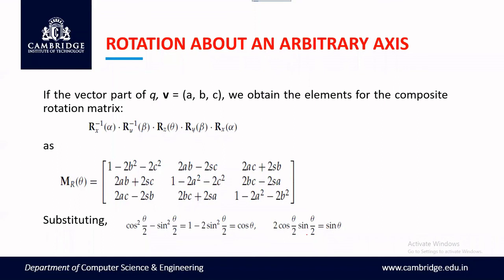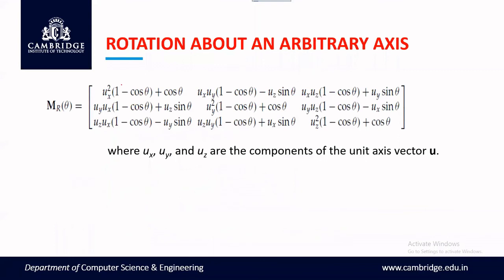Suppose I substitute all this into this equation, then I will get my MR theta with entries like ux square into 1 minus cos theta. What is ux? It is the x component of the unit vector u, uy is the y component of the unit vector u, and uz is the z component.